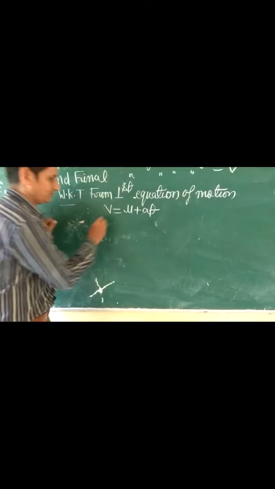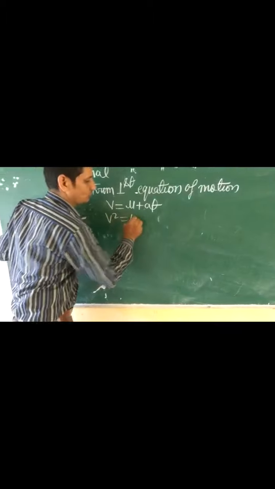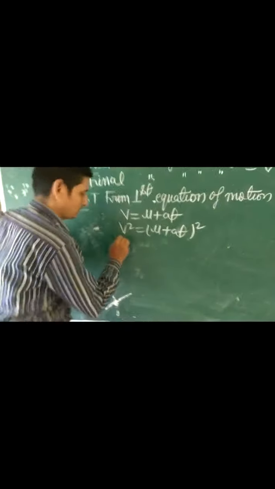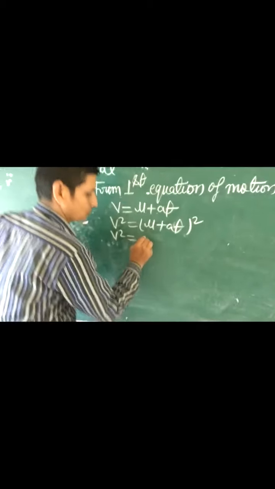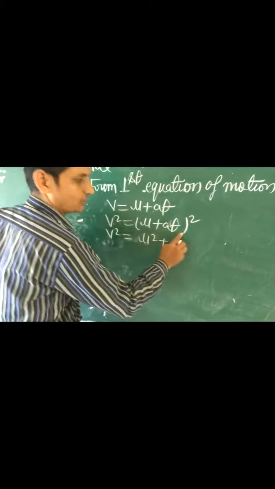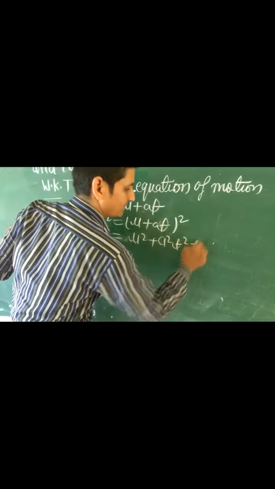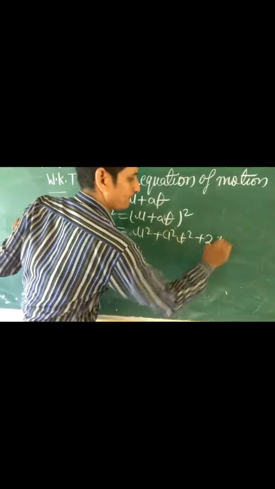Squaring both sides, we get v square is equal to u plus at whole square. Now v square is equal to u square plus a square t square plus 2uat.